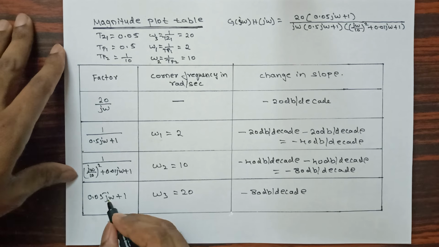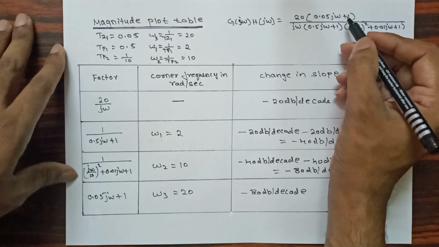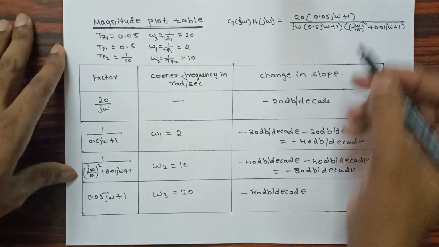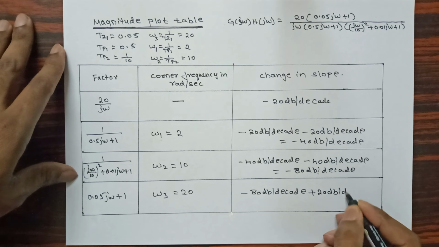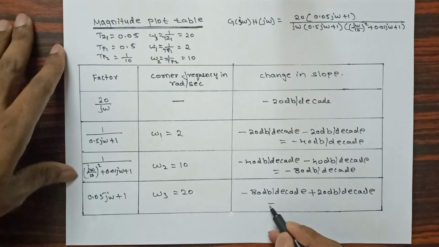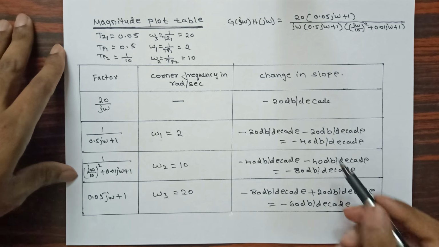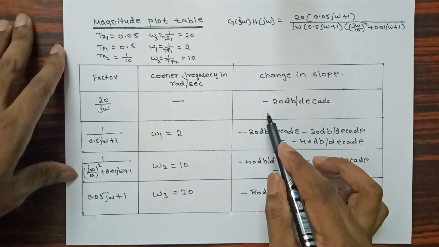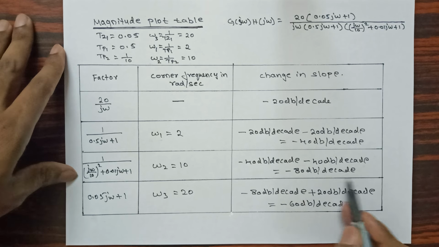And now for this term, as I said, the numerator zero term we are going to consider plus 20 dB per decade. So now with respect to this I am going to write plus 20 dB per decade. Therefore now the resultant, minus 80 plus 20, the resultant change in slope is minus 60 dB per decade. So these are the change in slopes I got, that is minus 20 dB per decade, then minus 40 dB per decade, then minus 80 dB per decade, then minus 60 dB per decade.